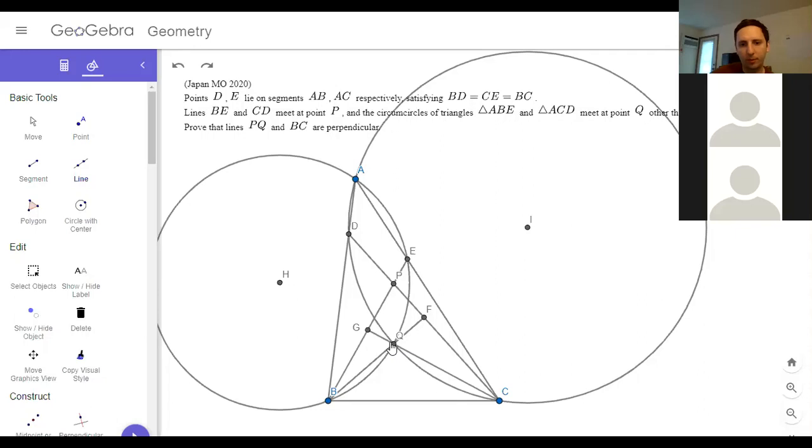Let's see. So yeah, can we show Q as the in-center?